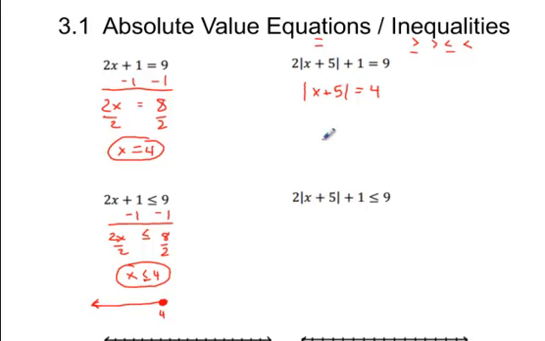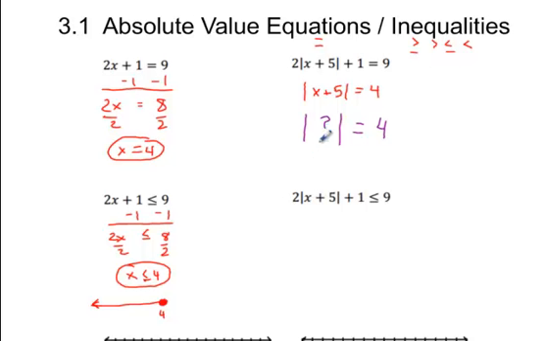Now you see it's an x plus 5, but perhaps it would be better if you didn't see that. Perhaps it'd be better if you said, hey, I have something inside this absolute value, and when it comes out, it's going to be a 4. The absolute value of a number is the distance of that number from 0 on the number line. So if it's negative 2, that's 2 away from 0 on the number line. In general, when something comes out of the absolute value, it's going to be positive.